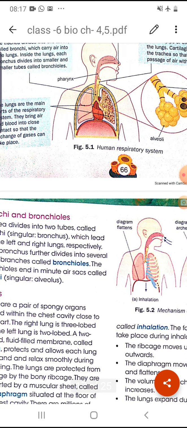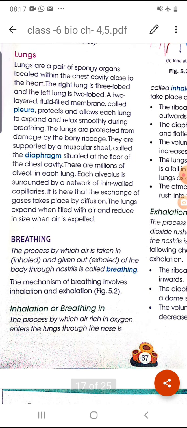Here you can see this half-circle red portion, that is the diaphragm. Okay, so there are millions of alveoli in each lung.